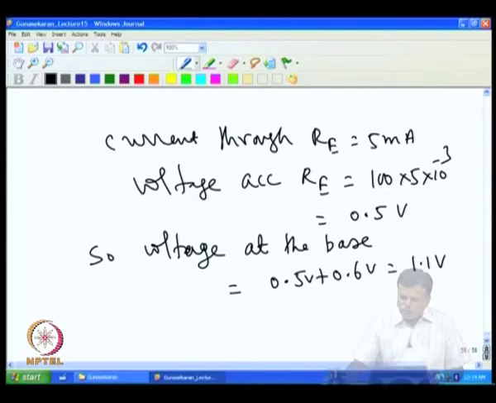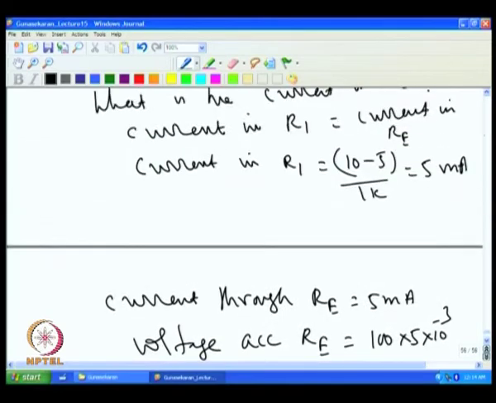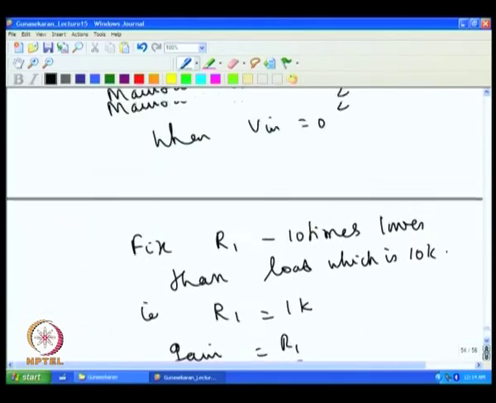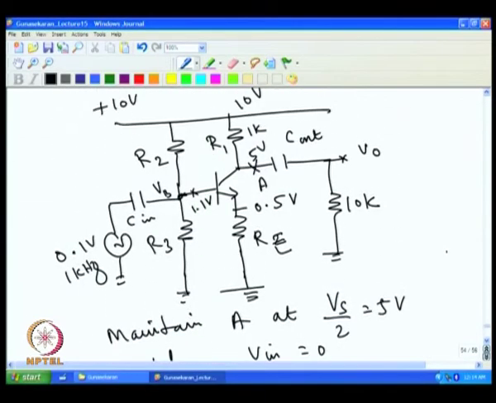Then we also have to find the base current, because the current flowing through the bias resistors must be much more than the base current to neglect its effect. Otherwise, we would have to calculate iteratively, which is not required.